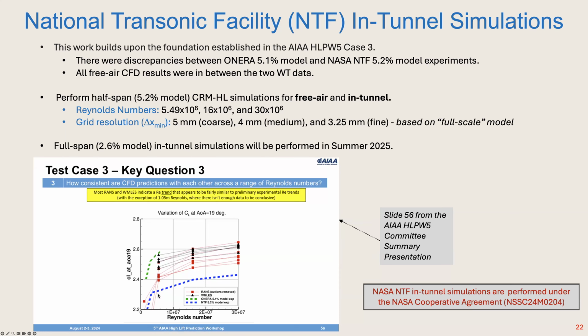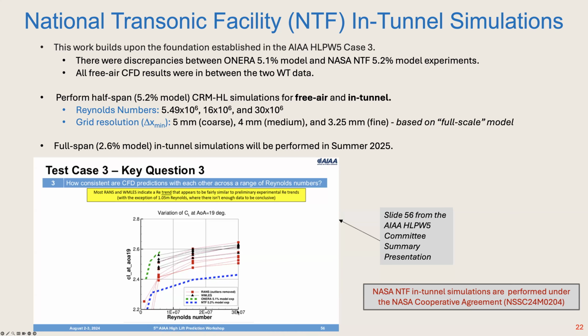He showed some preliminary results. I think NTF was having some mechanical issues. I don't know the detail of it, but the wind tunnel data has never been released. But there were some issues in terms of the Onera wind tunnel data versus the NTF data.